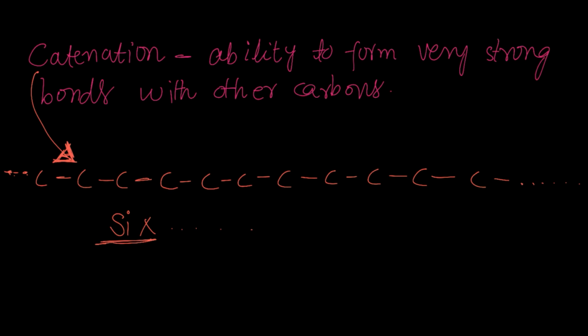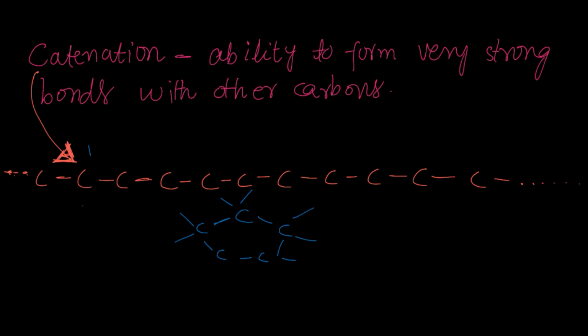Not only these straight chains, carbon can also form ring chains. And this is also important for some biological molecules we will learn later. Like this, it can form these ring chains, and this is very important. And you can have other elements attached to them as well.